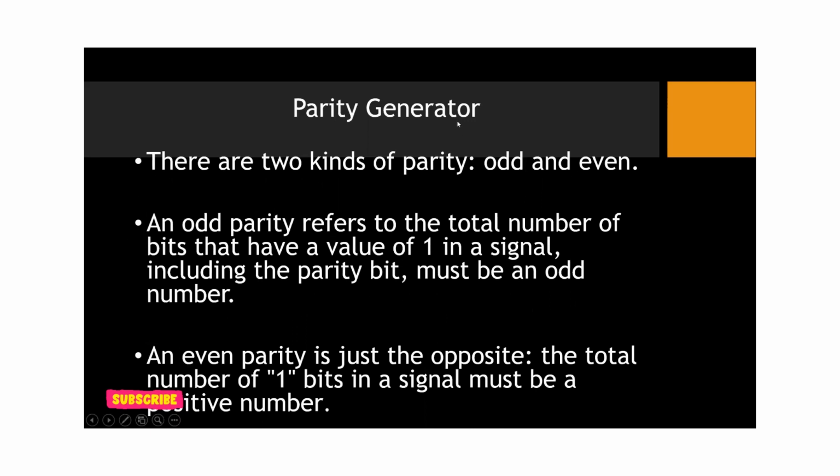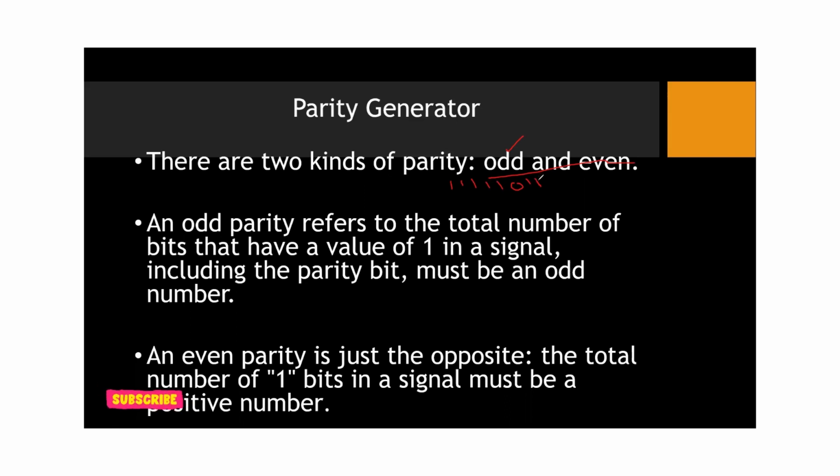Basically, as I have already explained, there are two types of parity. One is odd and the other one is even. Odd means the transmitting data along with the parity bit has an odd number of ones. Suppose your data is like this. If you want to send it as odd, you need to count the number of ones. 1, 2, 3, 4, 5, 6, 7.